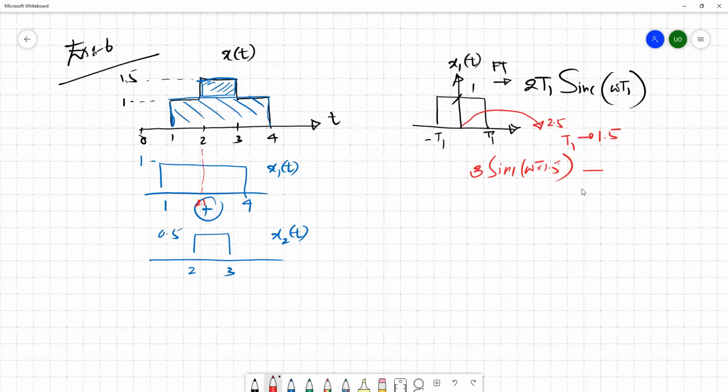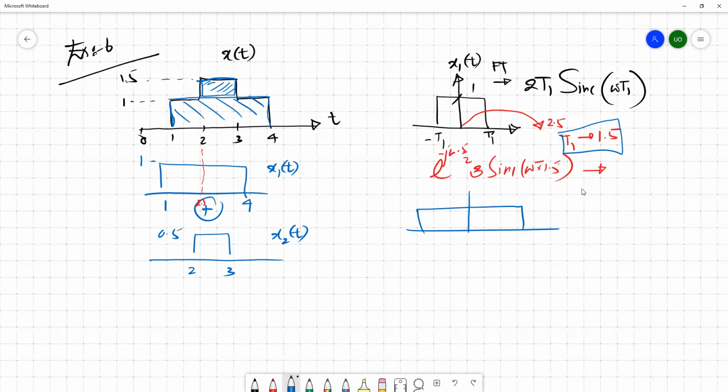This is simply shifted by 2.5, which means you can introduce a prefactor here, which is e to the power j omega 5/2. So just replace t with 1.5 and then it becomes like this. It's 1.5, it's minus 1.5, this is 0.